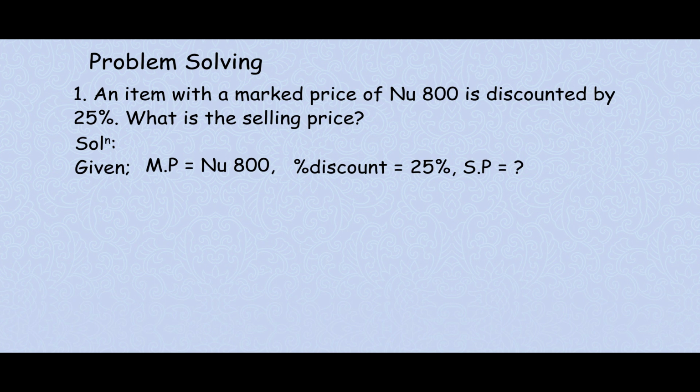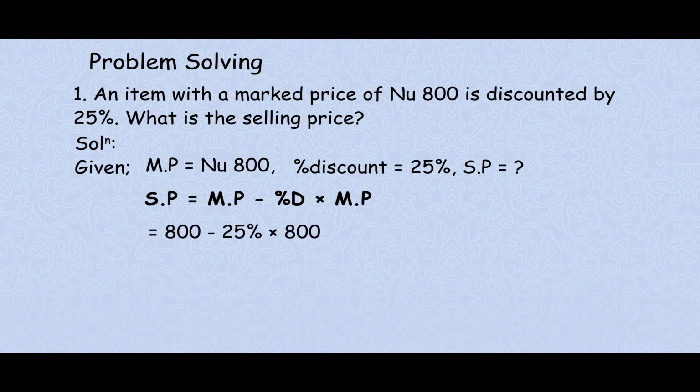We know that selling price is equal to marked price minus percent discount times the MP. This is a formula to find directly the selling price. Therefore, it is equal to marked price, which is 800, minus 25% of 800, or times 800.